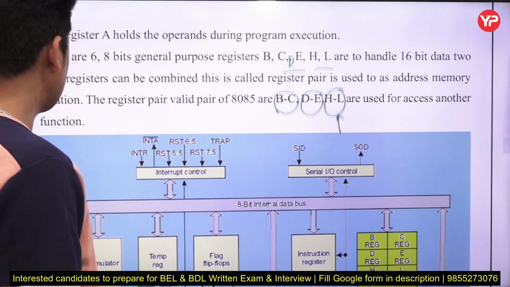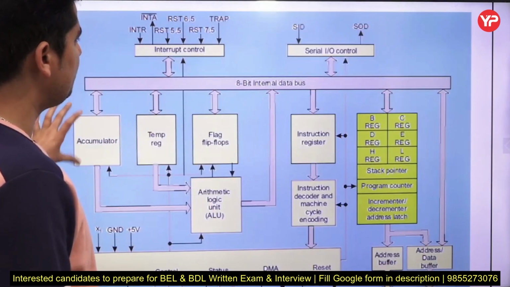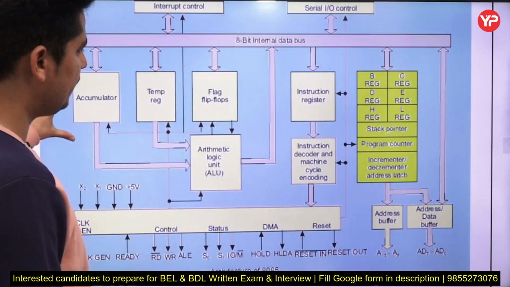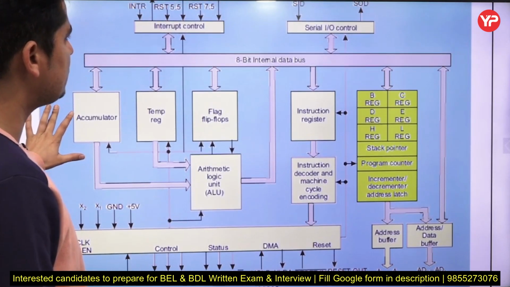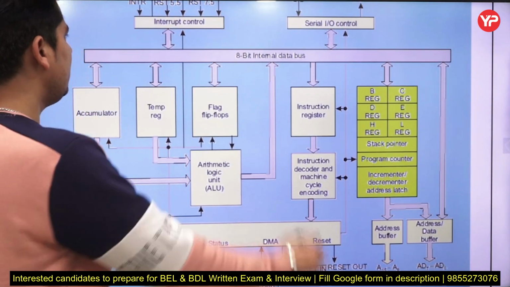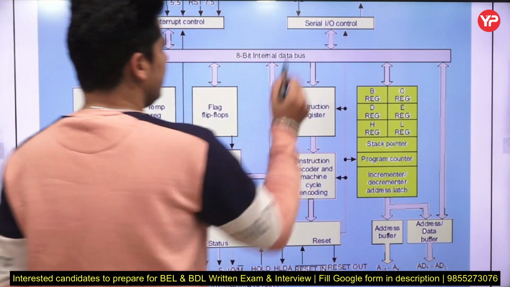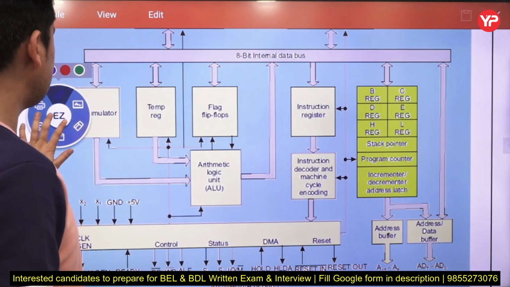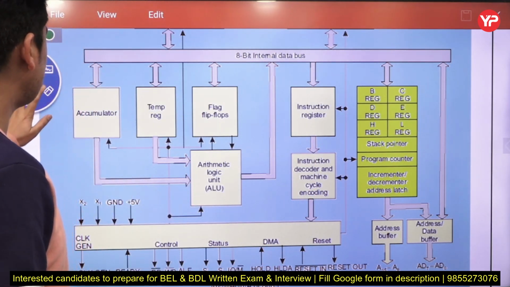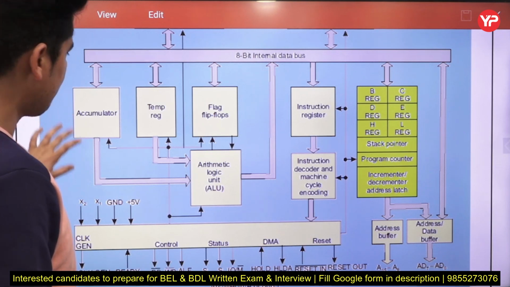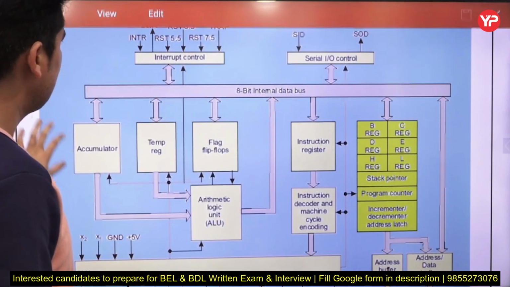Now if I go to the pin, not the pin diagram, this is the architecture of 8085. See, inside this architecture, this is the internal data bus. What is the work of the internal data bus, or data bus inside any microprocessor or microcomputer? First let us discuss this one.